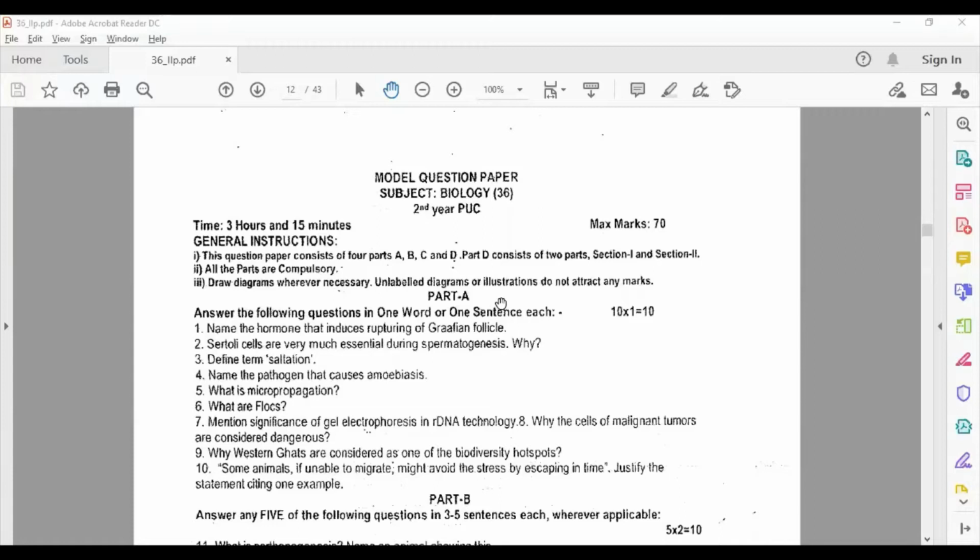Sometimes the questions in the question paper wouldn't ask for diagrams, but the answer sometimes has diagrams, which you can refer to in the textbooks or your notes from your colleges. Those diagrams have to be drawn for those answers.